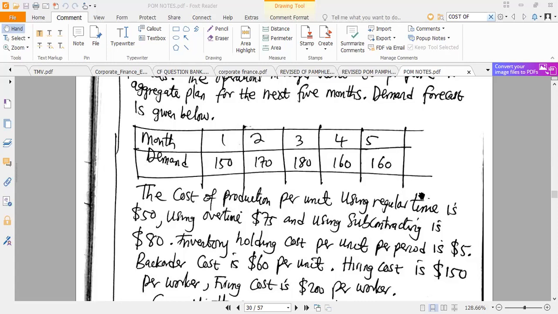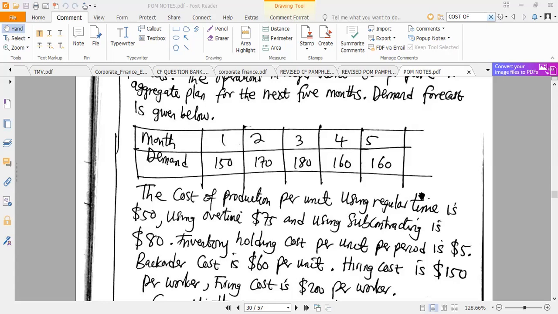All right. Now, the inventory holding cost, also called carrying cost, per unit per period is $5. Then the back order cost is $60 per unit. The back order cost is also called the stock out cost. The hiring cost is $150 per worker. The firing cost is $200 per worker.